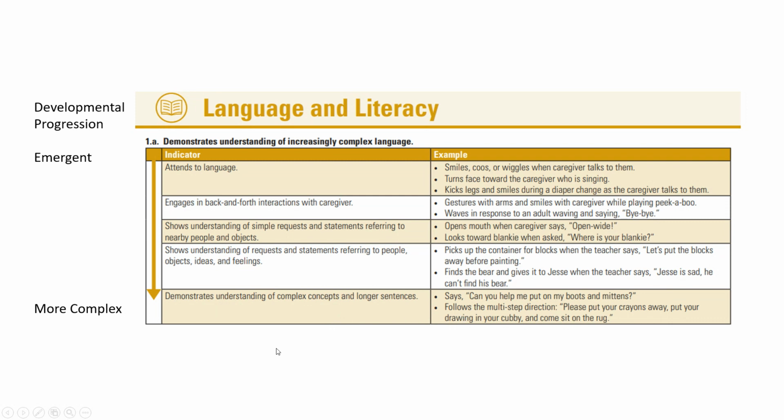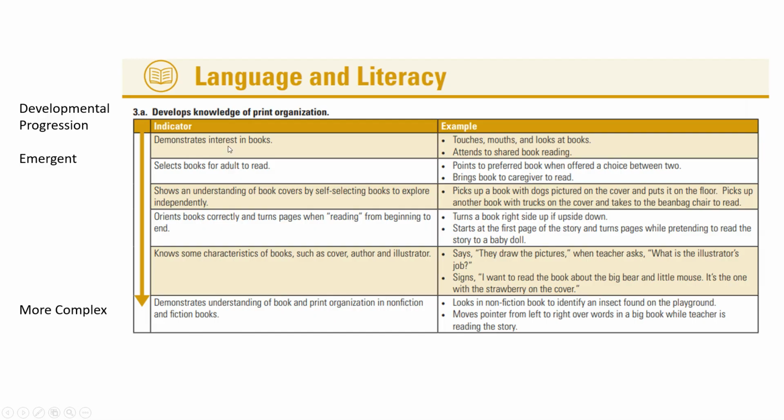So for literacy, and specifically for develops knowledge of print organization, which would be what we're talking about for concepts about print, very early concepts about print are things like just being interested in the books, picking them up, noticing them, bringing books to caregivers to read. Those are some interesting behaviors that show kids are beginning to think about print.